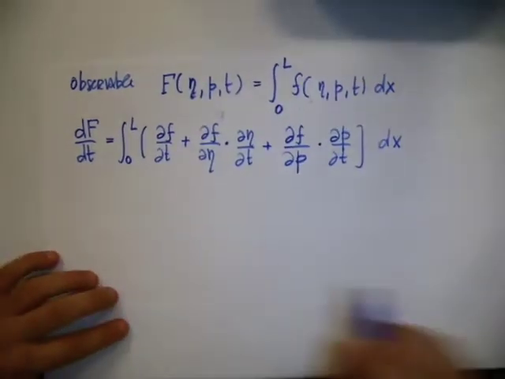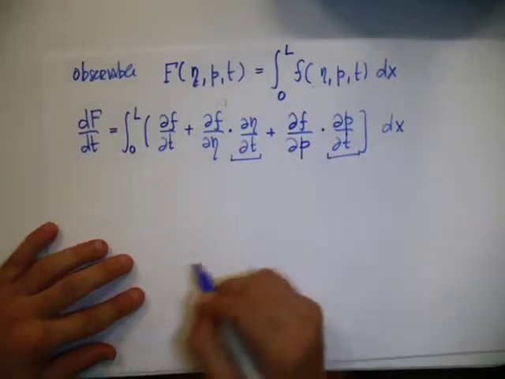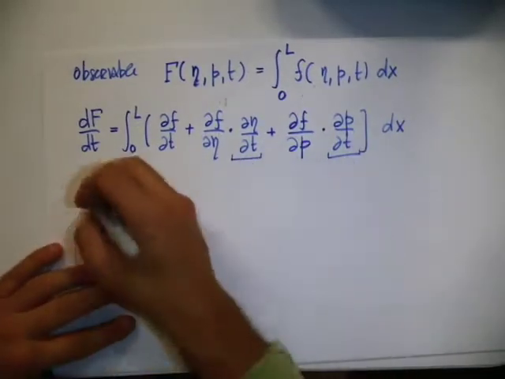But I need to know what these time derivatives are. These time derivatives come from the Hamiltonian formulation, because now we know what the Hamiltonian is.